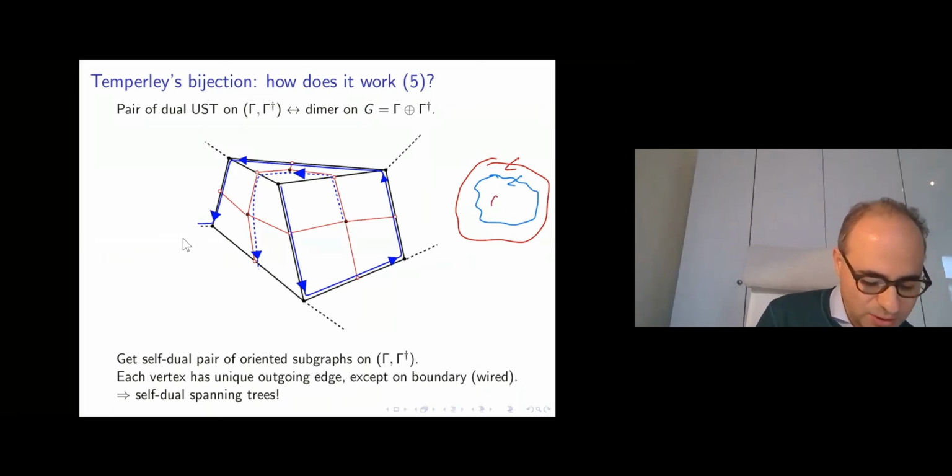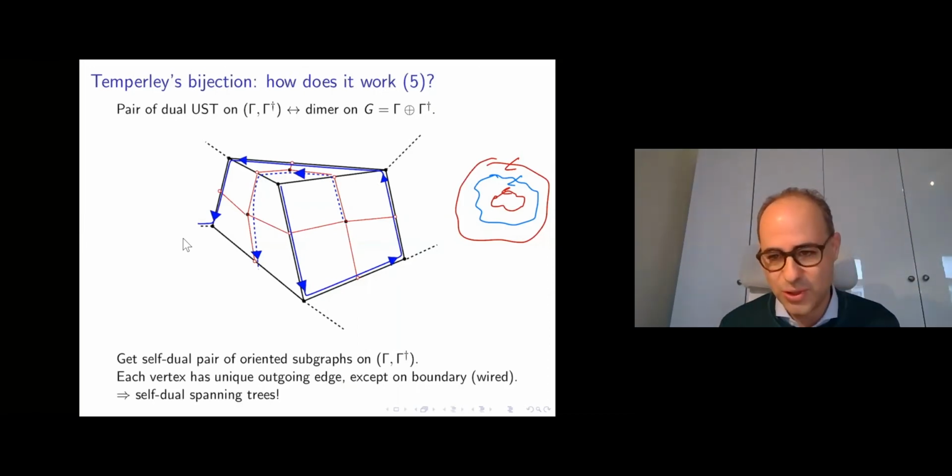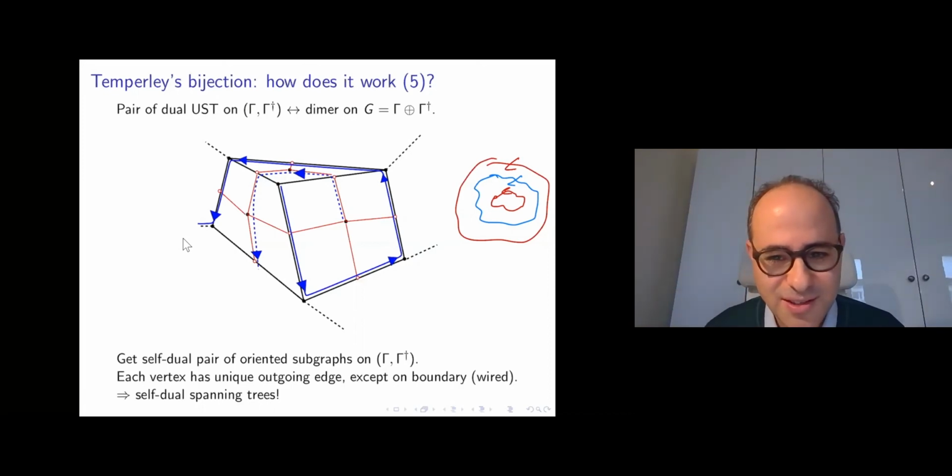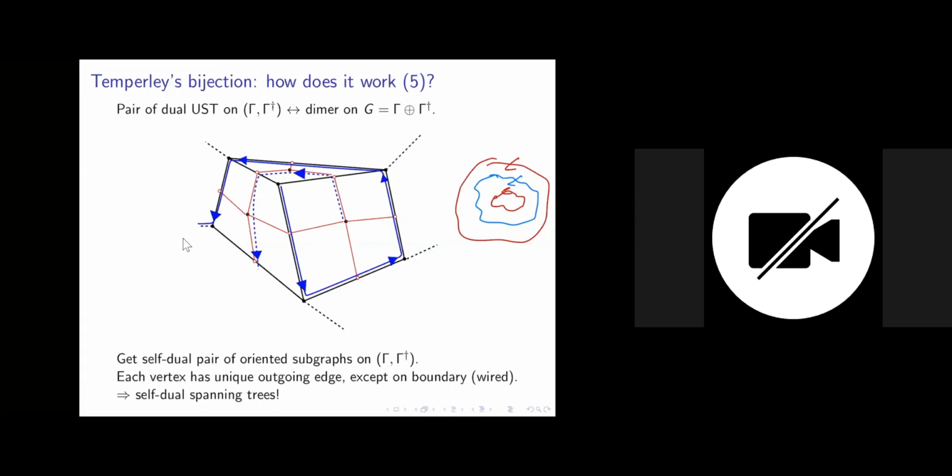And this picture keeps going and keeps going, but at some point it has to stop, and that's just not possible, because out of every vertex there is really an outgoing edge. So this is where you really need the topology, yes? Say again? This is where you need the topology. You're using the Jordan curve. Yeah, that's right, exactly.